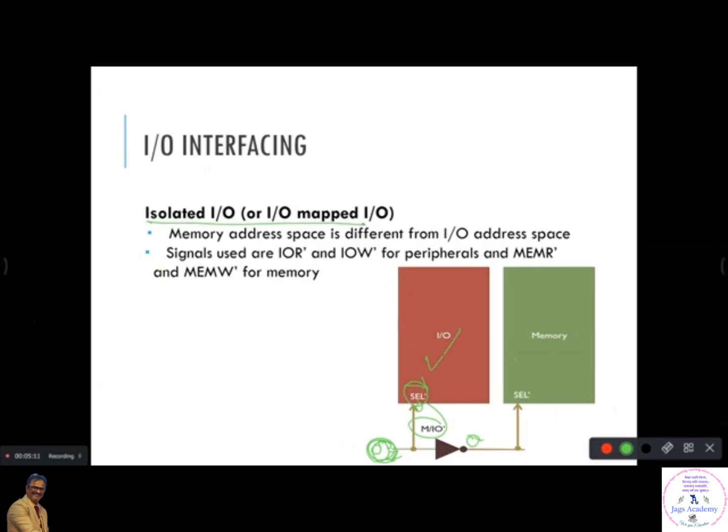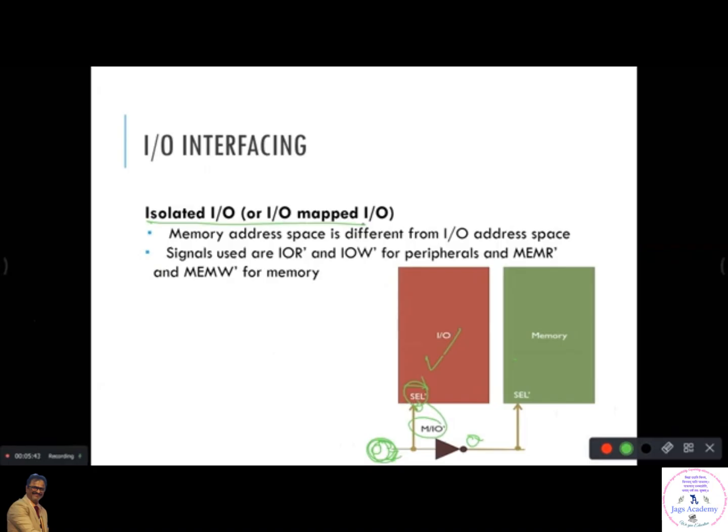Whenever we communicate with the I/O devices, this is a direct connection to the I/O device. This is called I/O mapped I/O or isolated I/O. Hope you know why I am telling this. This is I/O interfacing: we are interfacing input-output devices to the microprocessor.